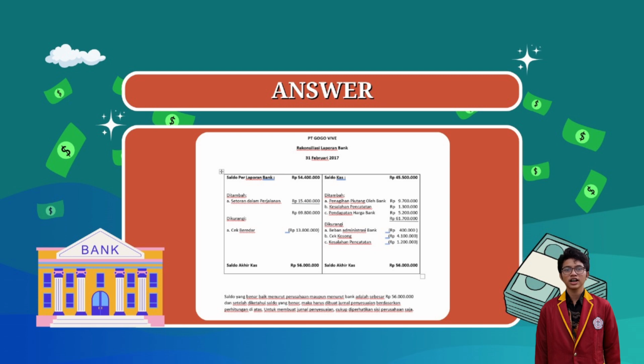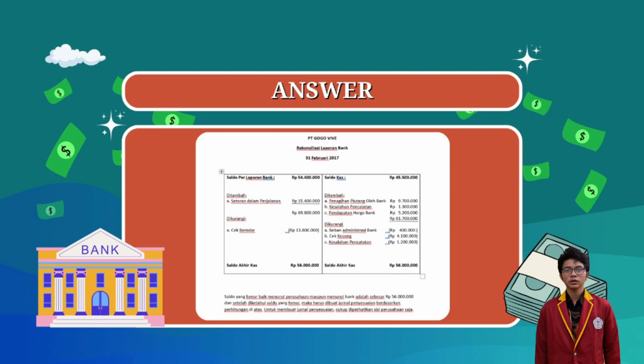8. Meanwhile, an outstanding check as of February 30, 2017, amounts to 13,800,000 Indonesian rupiah, recorded as a deduction in the bank's column. Now, all transactions are accounted for, and the totals can be calculated. The cash balance according to the company's records, after adding receivables collected by the bank, recording errors, and interest income, is 61,700,000 Indonesian rupiah.